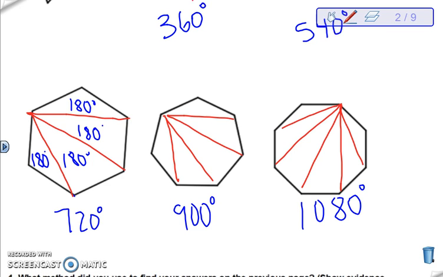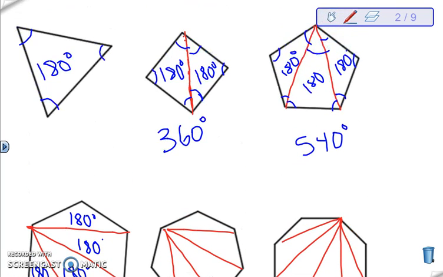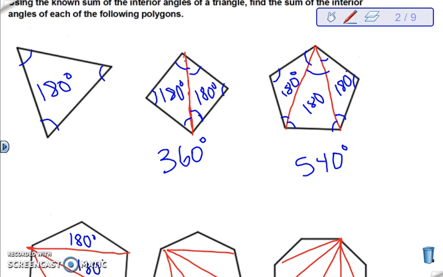So what are we doing here? Well, we're taking our figures and splitting them into triangles. If we want to come up with a pattern that works in general for any convex polygon, we need to compare the number of triangles we get to the number of sides in the figure. If we do that, we should be able to come up with some sort of rule that'll work for any polygon regardless of the number of sides.